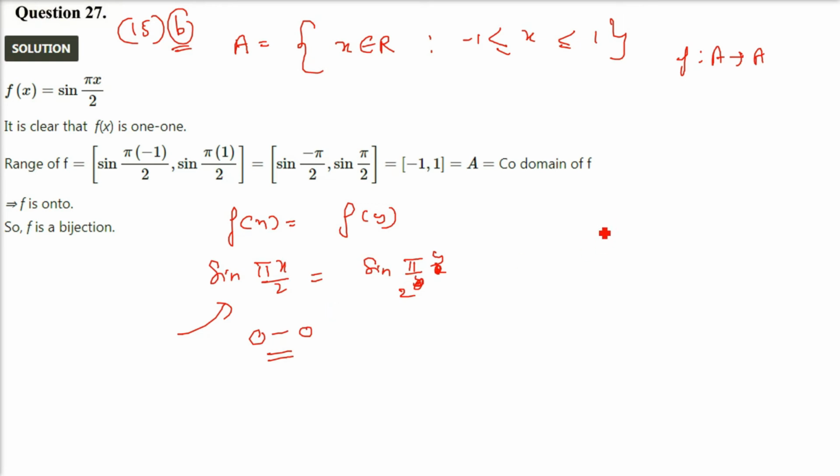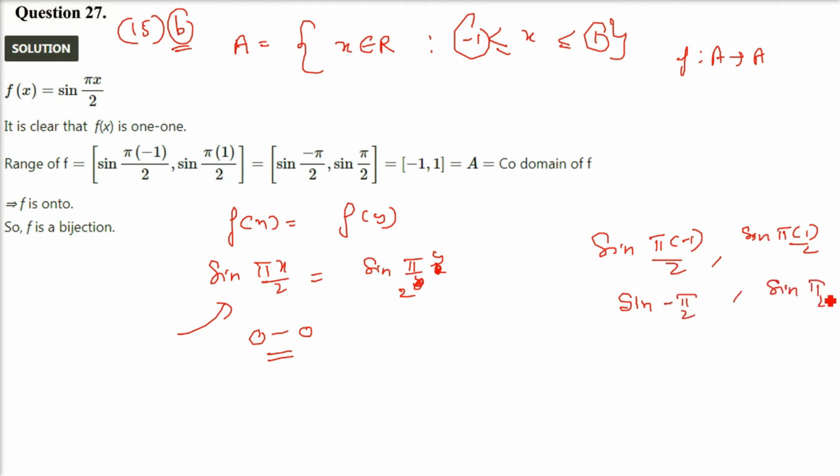Let us assume it. If we put a proper value, you will get the sine theta as equal. Now I am putting values here. In place of x, I am putting minus 1, the boundary values, and here 1. What do you get? Sine of negative pi by 2 and sine pi by 2.